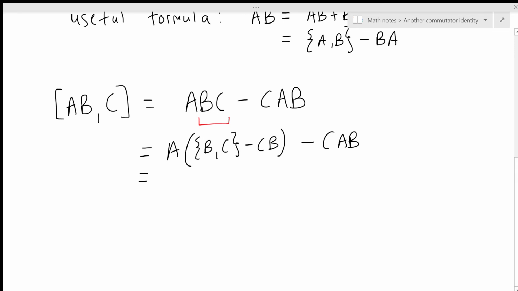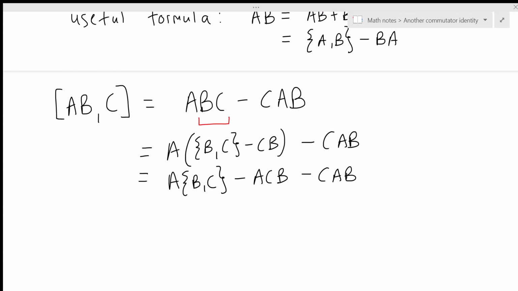Now we can expand this out. We get A times the anti-commutator of B and C minus ACB minus CAB. And we see that we already have the first term of the identity. The next step will be to use our useful formula again, but now on A times C in the second term.